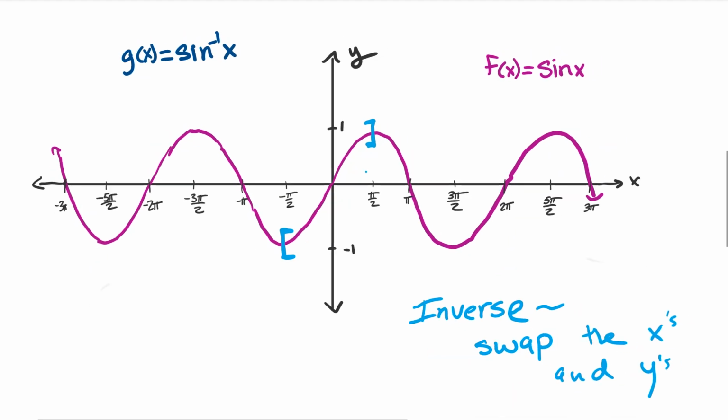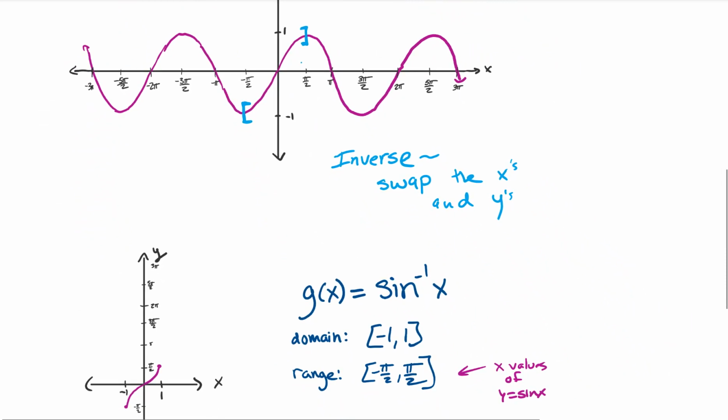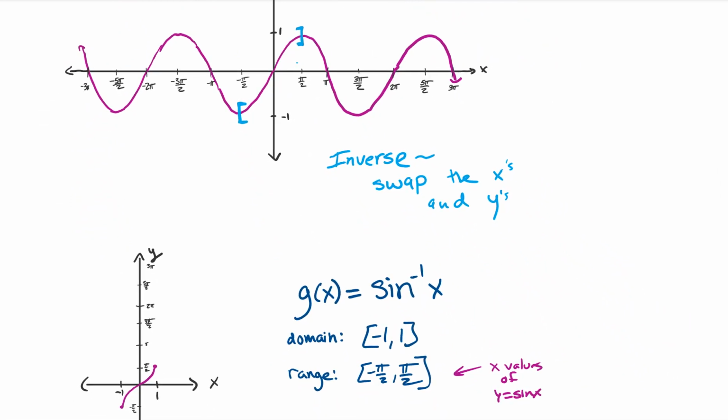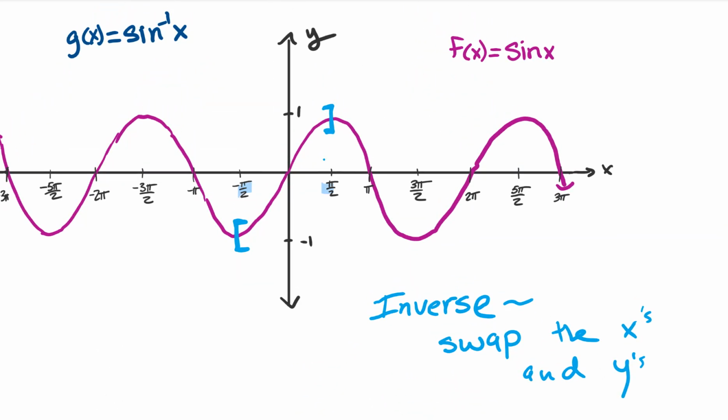That was that graph down below to create that inverse. We restricted ourselves between negative pi over 2 and pi over 2 in our y values down here, but they used to be x values of our original function. So we're only going to be between negative pi over 2 and pi over 2 for our y values, and we already know the heights can't be bigger than 1 or smaller than negative 1.